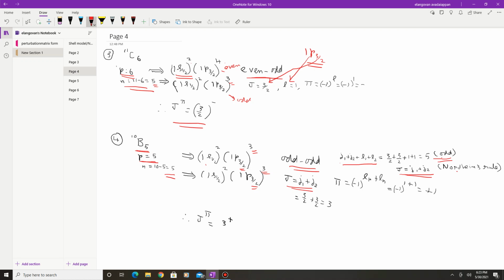L proton is 1, and the angular momentum corresponding to neutron is also 1. Therefore, minus 1 whole power 1 plus 1, minus 1 whole square, which is positive. And the J value is equal to 3 by 2 plus 3 by 2, 3. Therefore, the angular momentum and parity for this odd-odd nuclei is 3 plus. So here you have to use Nordheim's rule.